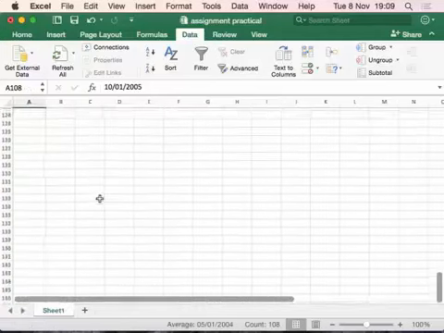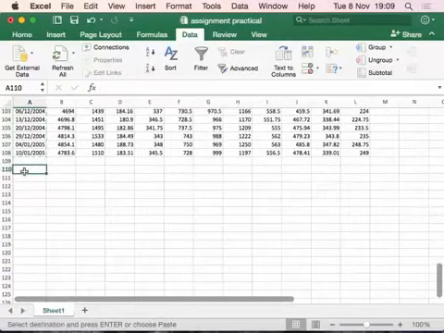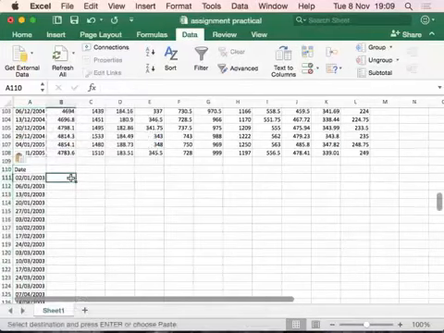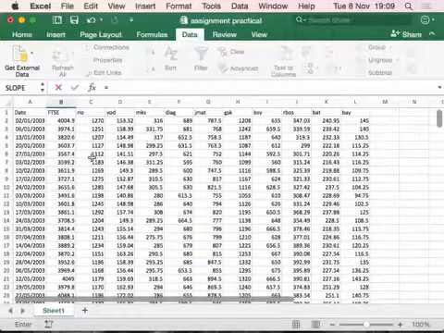Copy. This appears to be weekly. Yeah, it doesn't matter if it's weekly or monthly. You should get the same result.